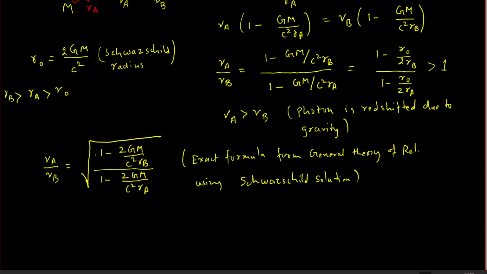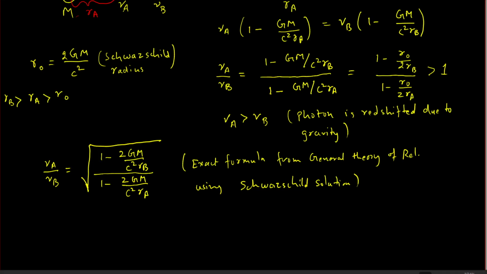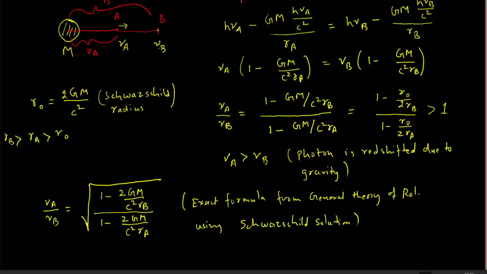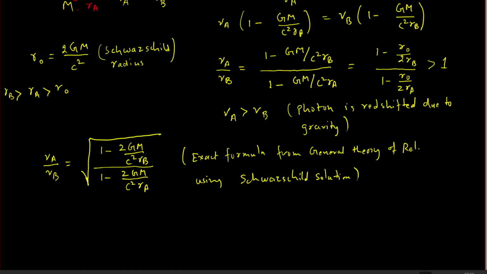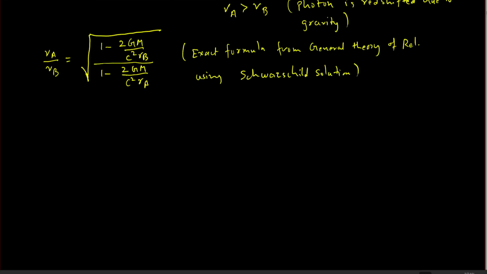However, one subtle point which needs to be taken into account is that RA and RB in this exact formula are not really distances from the center. They have a different interpretation in general relativity.